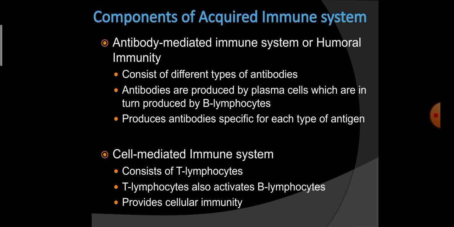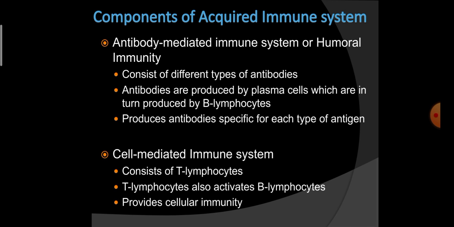Okay, now coming to the components of the acquired immune system. There are two components. One is the antibody mediated immune system, also known as humoral immunity, and the other is the cell mediated immune system. We will see antibody mediated in this part. The antibody mediated immune system is basically the production of antibodies. It consists of different types of antibodies.